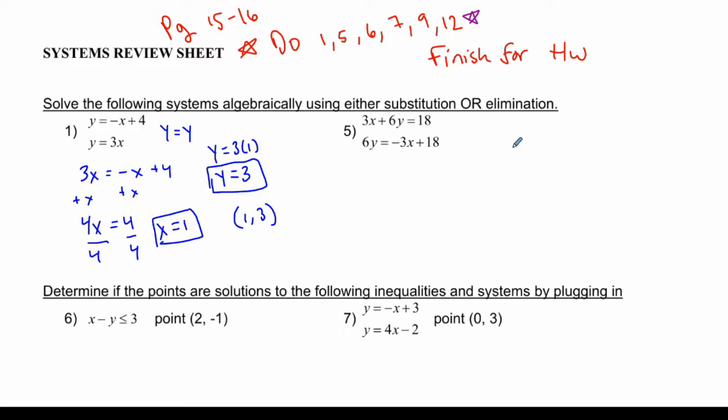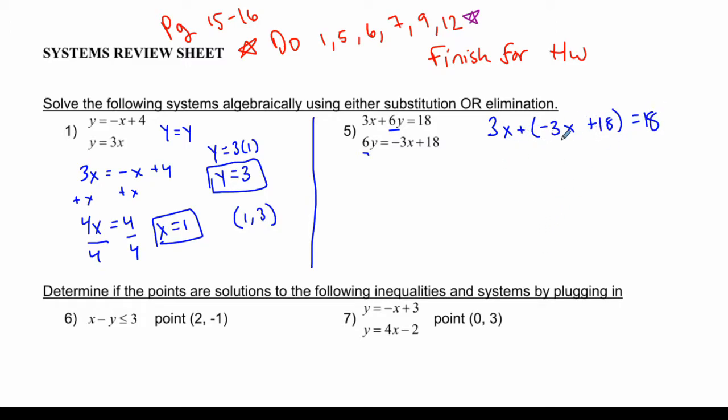The second equation, I'm going to solve this with substitution again, actually, because I see 6y in both equations. Let's do that. Let's see what happens. 3x plus, now 6y is equal to negative 3x plus 18, is equal to 18.